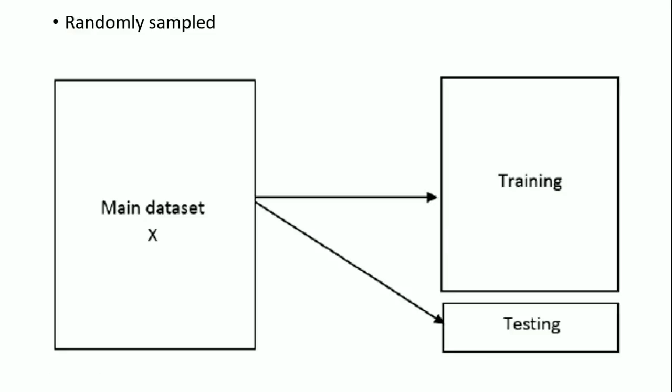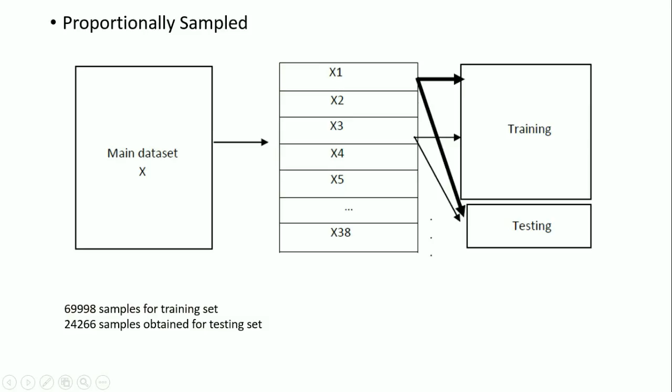There are two ways to sample the data. One is random sampling and the other is proportional sampling. In random sampling, 70,000 random samples are assigned to the training set and the rest is assigned to the testing set, whereas in proportional sampling, a ratio between number of samples in each class to the total number of samples is kept while splitting the processed data set.